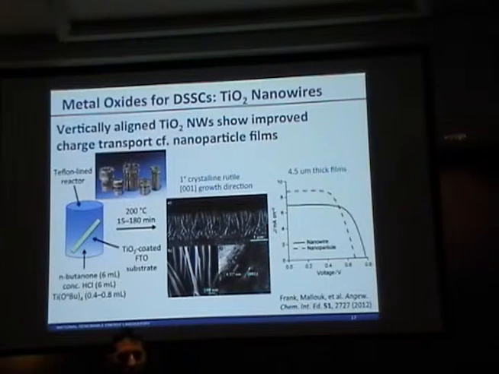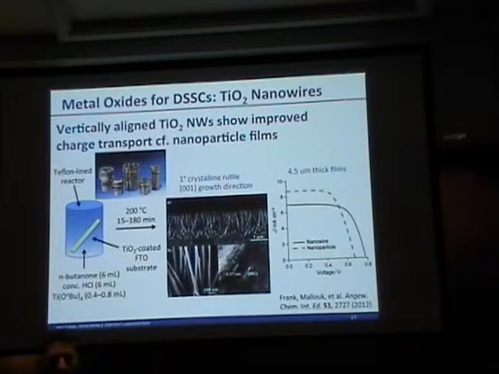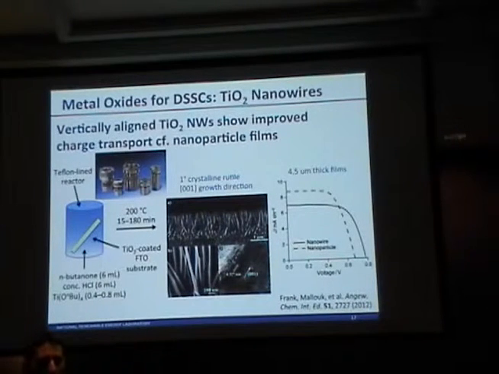In the nanotube systems, that's actually not the case, so that was a surprising result for us. Having a one-dimensional channel or pathway for your electrons to transport through does result in faster charge collection.